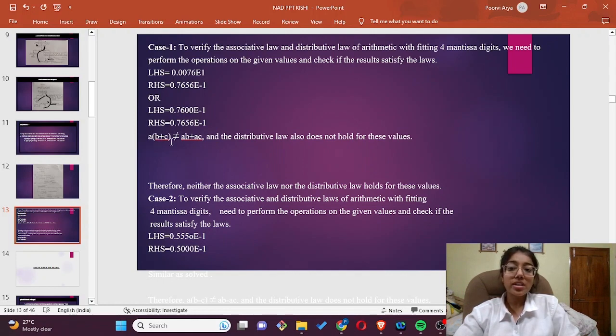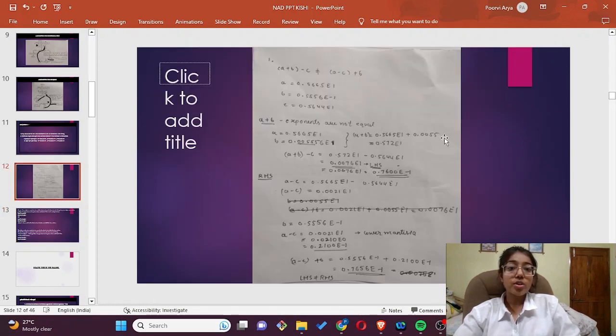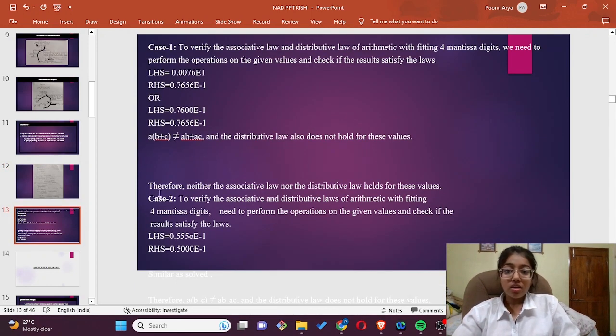Clearly, A into B plus C was not equal to AB plus AC. So distributive law does not hold for this value, and it does not hold for associative law. Therefore, neither the associative law nor the distributive law holds for this value.